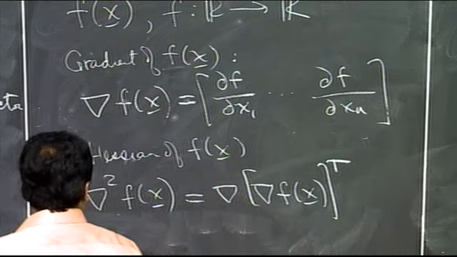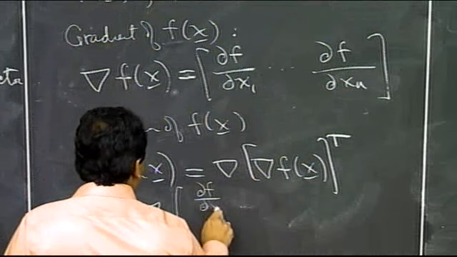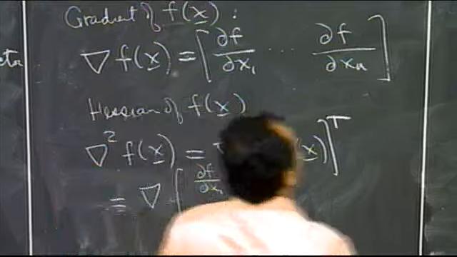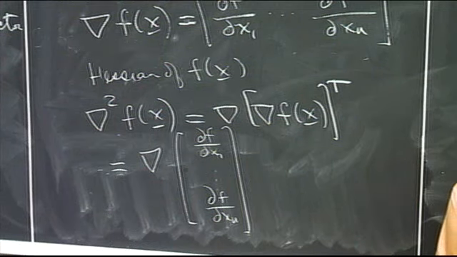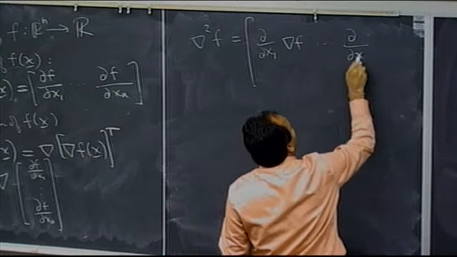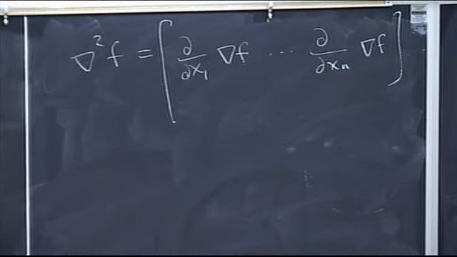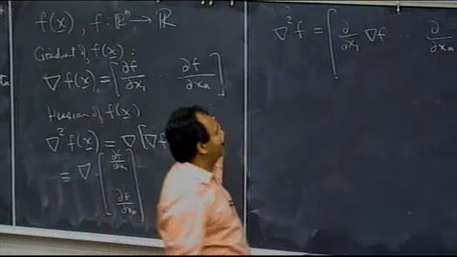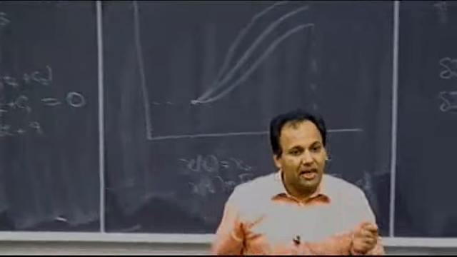So this is equal to the gradient of this thing, the partial of f with respect to x1, partial of f with respect to xn, and then this gives me d dx1 of the gradient of f all the way out to d dxn of the gradient of f. So again, you notice what we did. We first flipped it to a column vector, and then we took the derivative again that way. We're always taking derivatives that way, or across. We're not taking them down. So that's the standard convention for this.